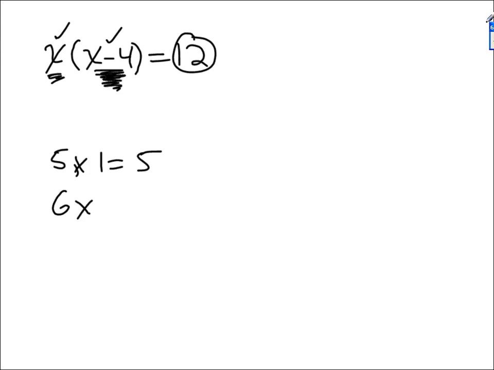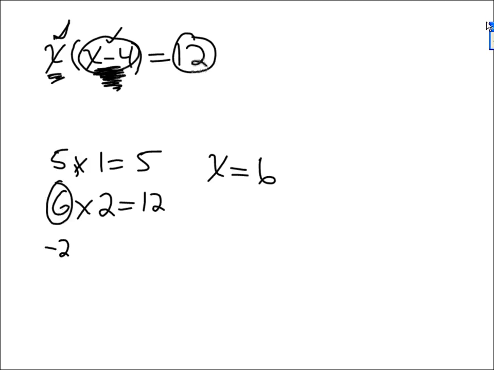If x is 6, the other number is 4 less. That's 2. And what do you know? Their product is 12. So one answer to this problem is x is 6. Another answer is if you have -2, 4 less, -2 minus 4 more is not -2, excuse me, but it's -6.